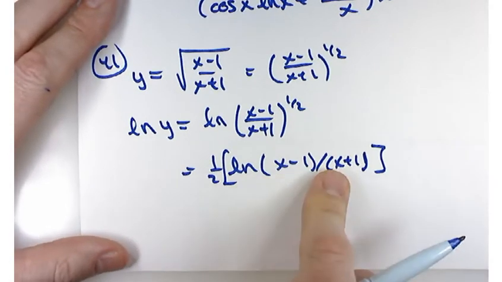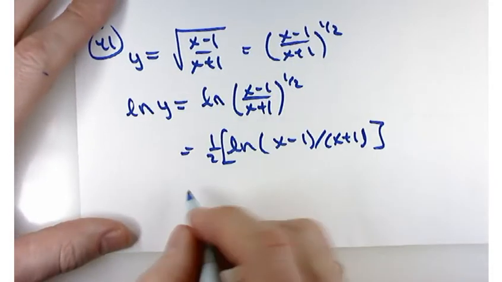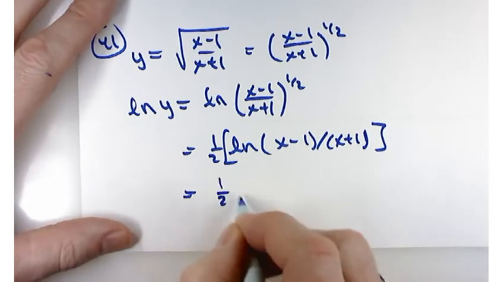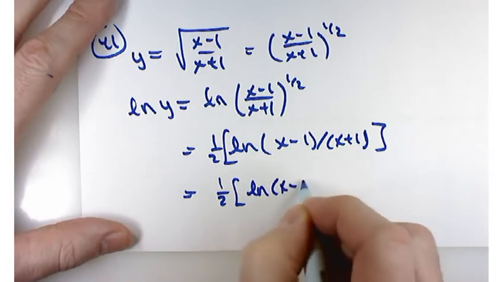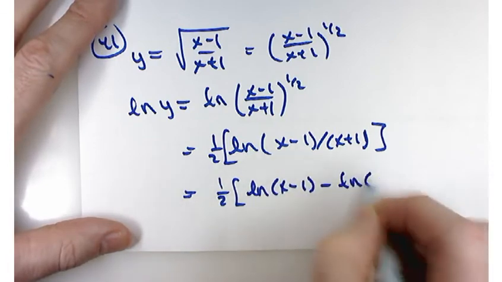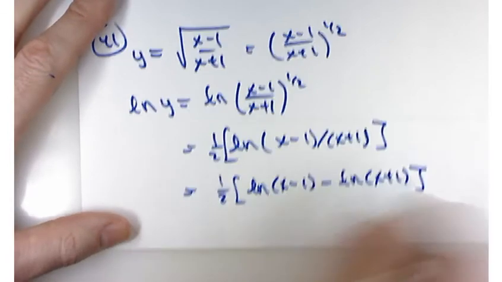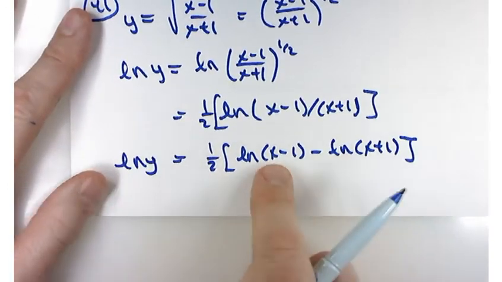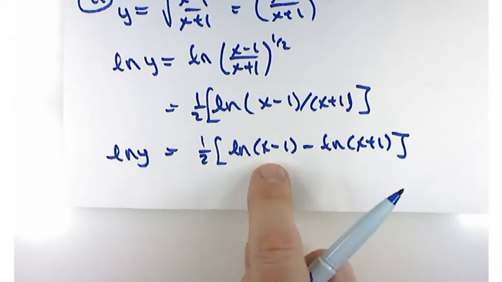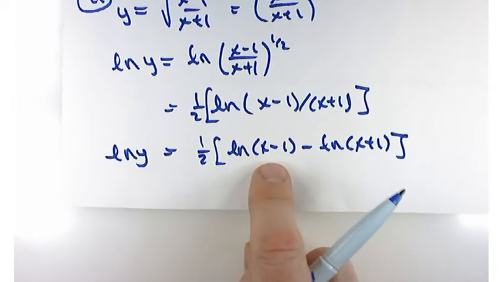And then you can use the quotient rule here. So you end up with 1/2 times ln of x minus 1 minus ln of x plus 1. And now these terms have gotten a whole lot easier to differentiate, because the derivative of that is just going to be 1 over x minus 1 times the derivative of the inside.